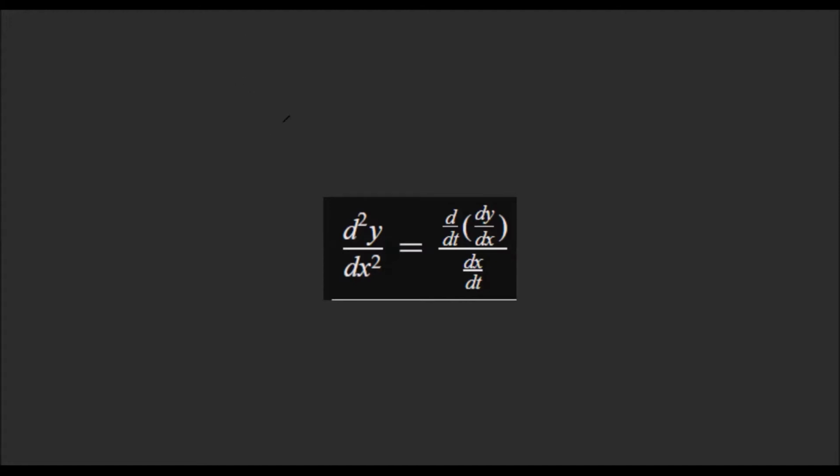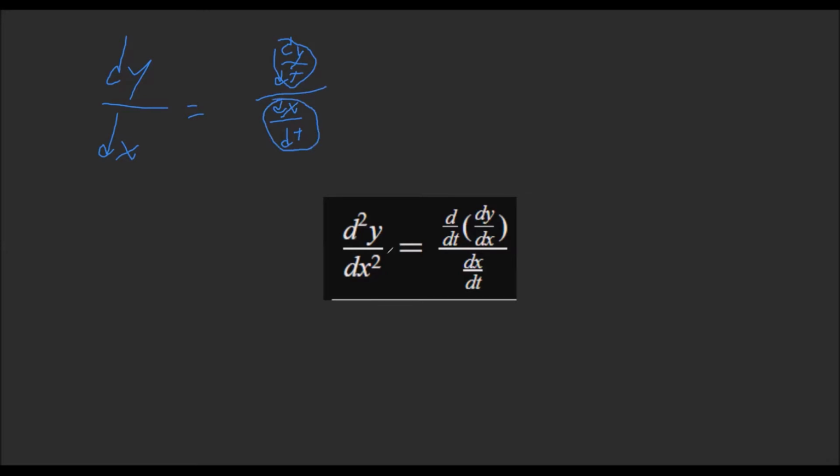So I'm going to first start off by telling you the derivative of a parametric curve, and that is dy/dx. This can also be expressed by dy/dt over dx/dt. This being the derivative of the y equation, this being the derivative of the x equation.